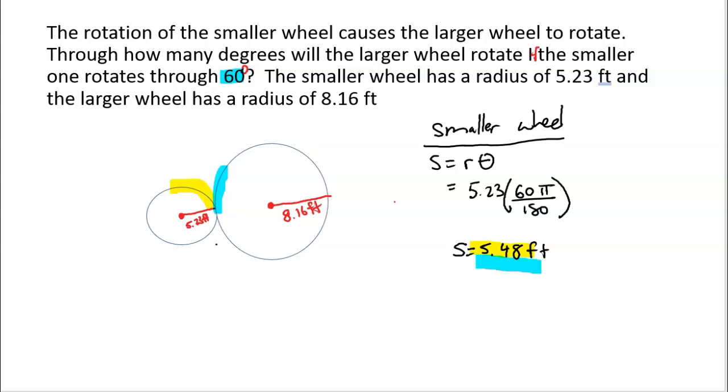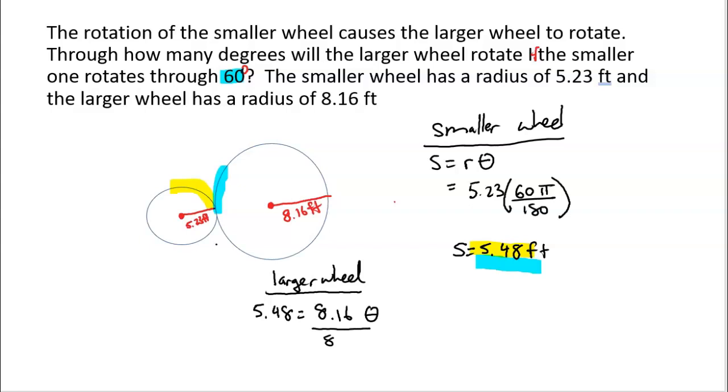So I want to figure out what that is in degrees. So let's go ahead and continue. Again, I'm going to do my larger wheel. Now I know that this is 5.48. My radius is 8.16. I don't know what my theta is.